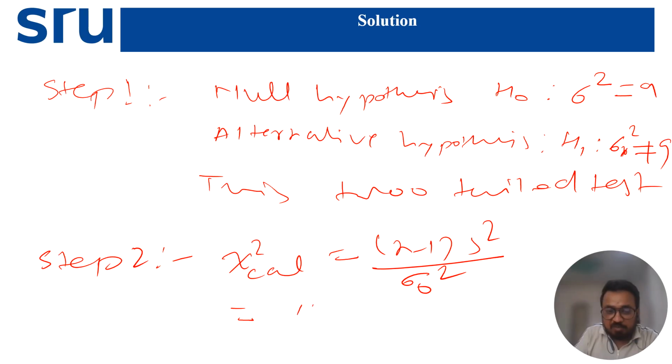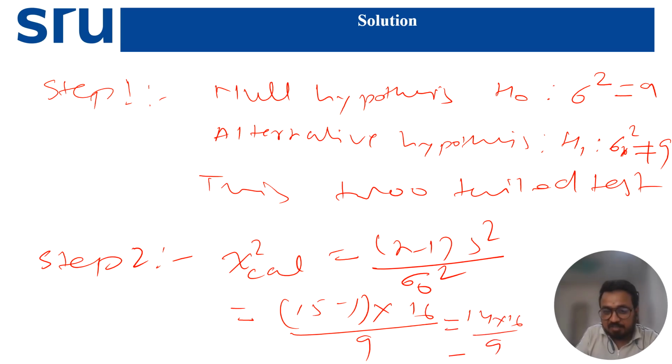So we put 15 minus 1 into s square, and s square is given as 16, and sigma naught square is 9. So this is equal to 14 into 16 by 9, which is equivalent to 24.89. So this is the calculated value.